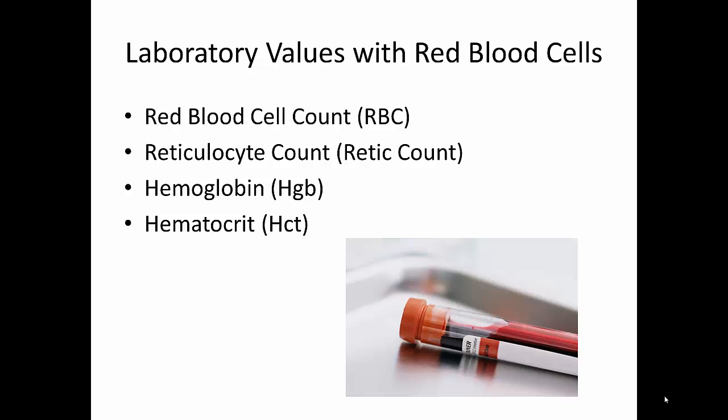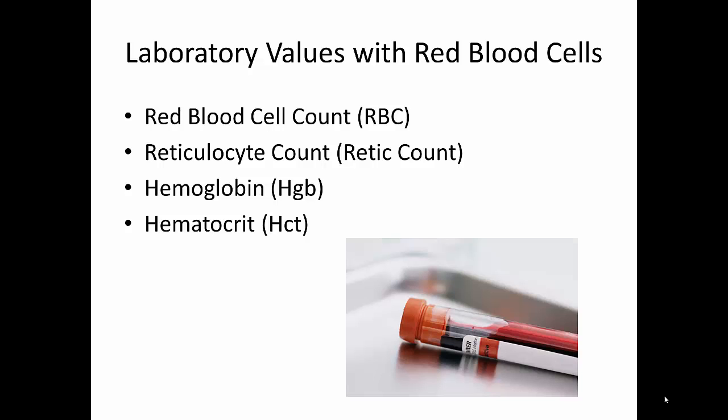Again, depending on your source, it's going to vary a little bit. So red blood cell count is 4.2 to 5.4 million per milliliter, I believe, but I could be wrong on that. For men, and for women, normal red blood cell count is 3.6 to 5.0 million.